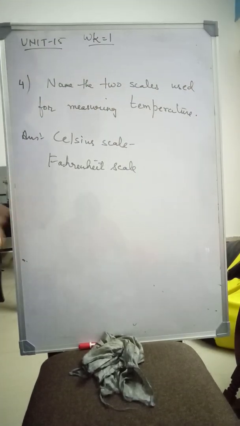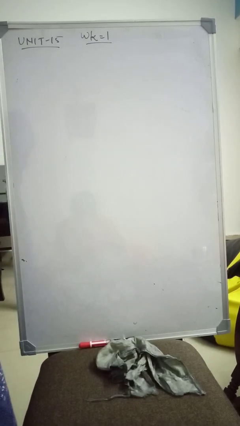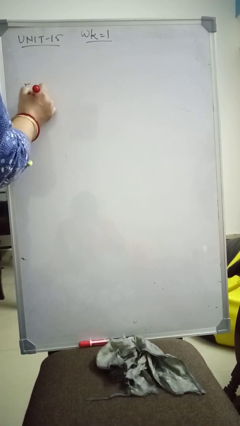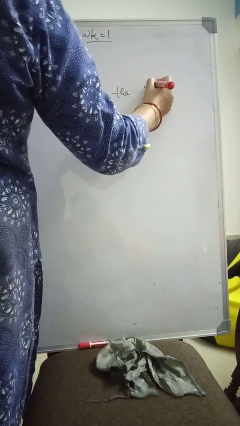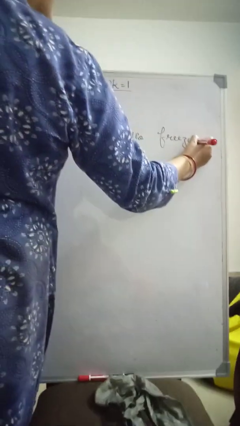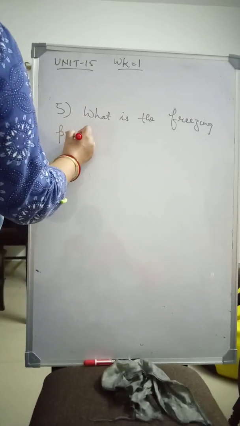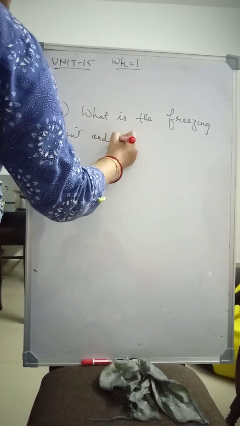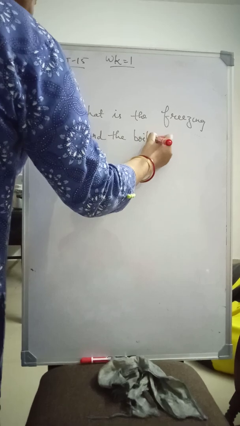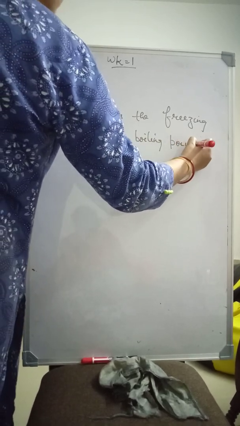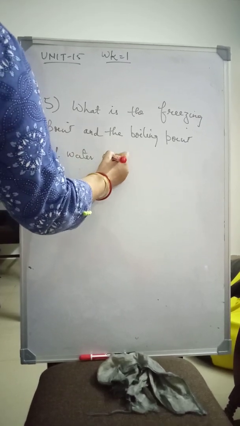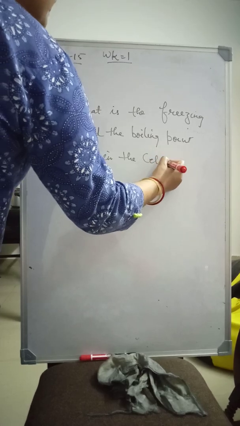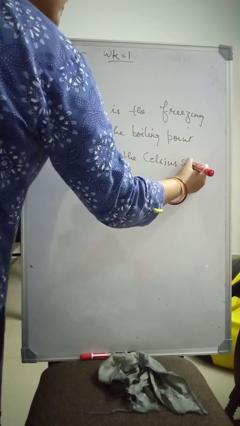Now come to question number 5. What is the freezing point and the boiling point of water in the Celsius scale?